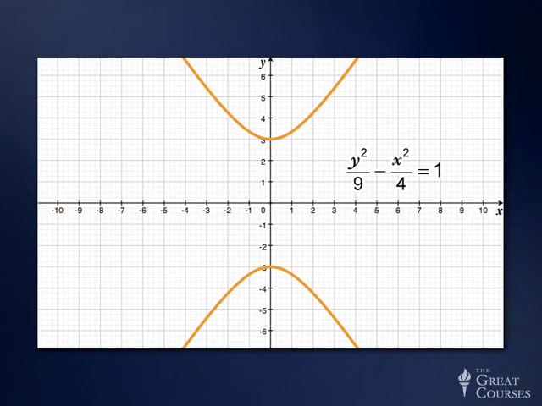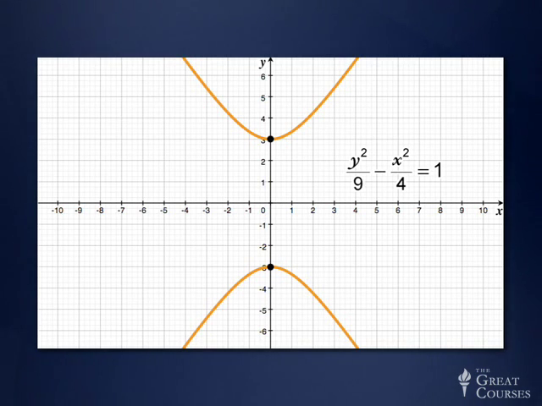First of all, each hyperbola has two vertices. Now remember, the hyperbola is not two parabolas glued together, but we are going to talk about these two very special points called vertices. In the case of the last hyperbola we just saw, the vertices are at (0, 3) and (0, -3).